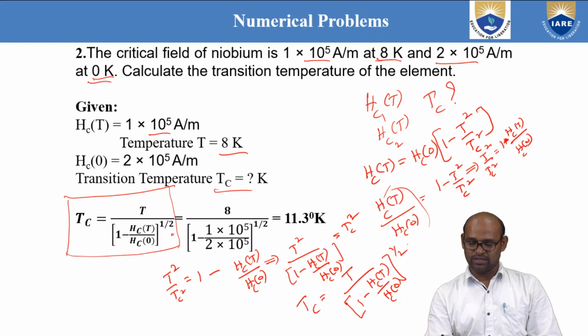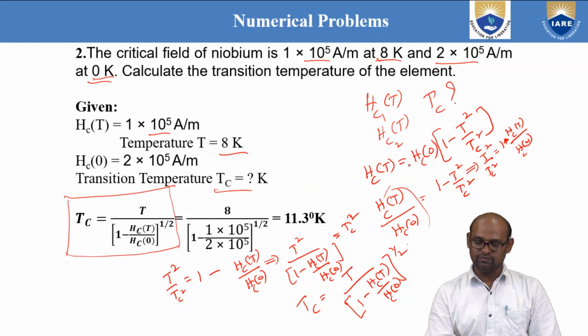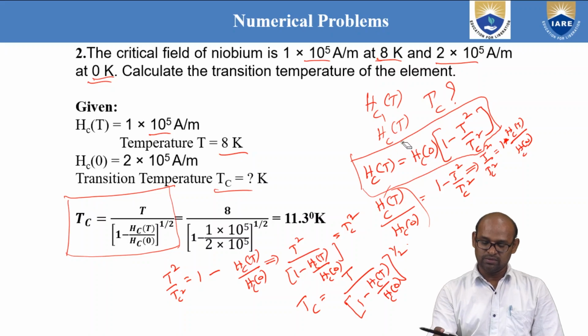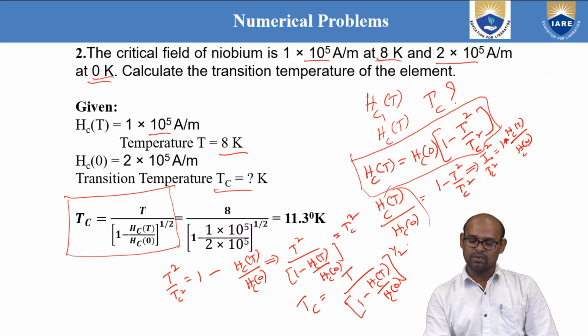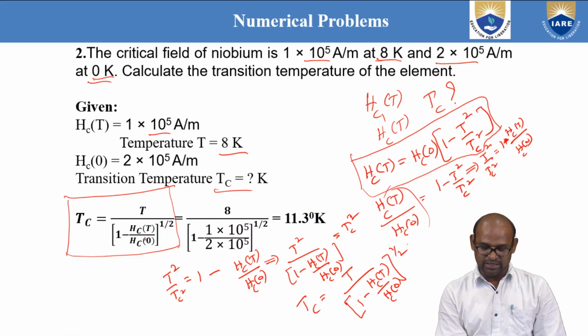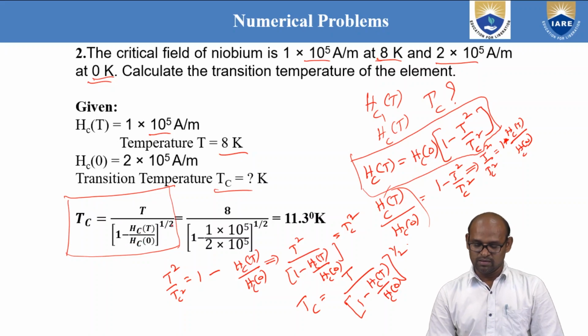I just derived how we got this equation from the equation of the critical field, Hc of T equal to Hc of 0 into 1 minus T square by Tc square. Finally we got Tc is equal to T divided by 1 minus Hc of T by Hc of 0, whole power 1 by 2.